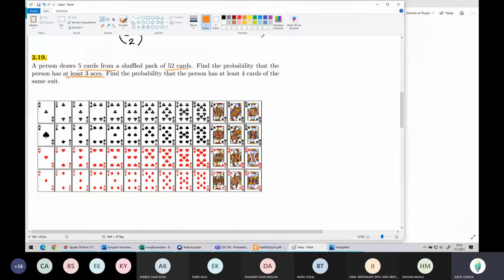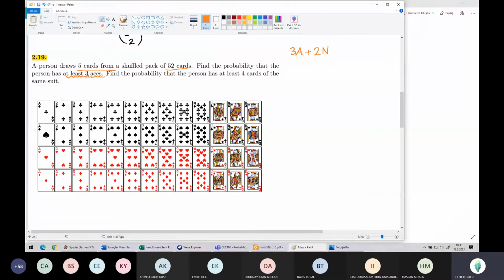At least 3 aces means 3 aces and 2 non-aces.